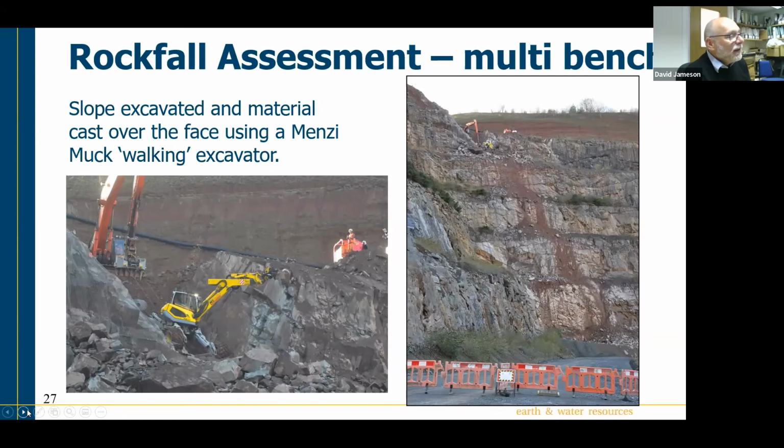On the front of that, I had a pecker which was pecking out the ground, and also a bucket that allowed you eventually, once it had broken through, to cast material over the face. You can see that slope has a number of benches, some of which are now filled with debris from casting material over the face.